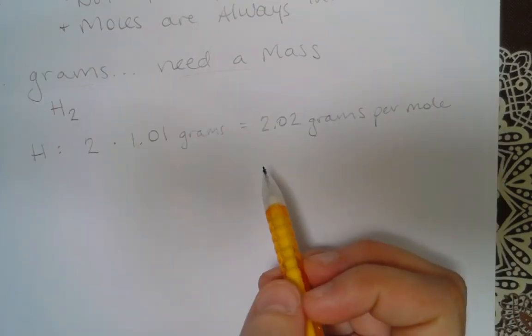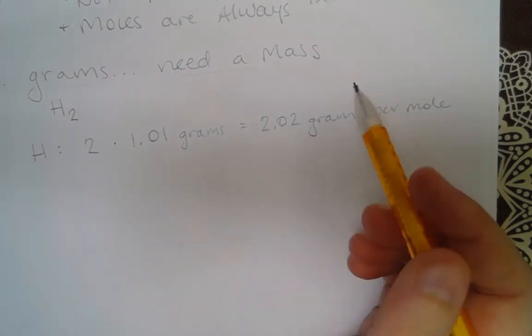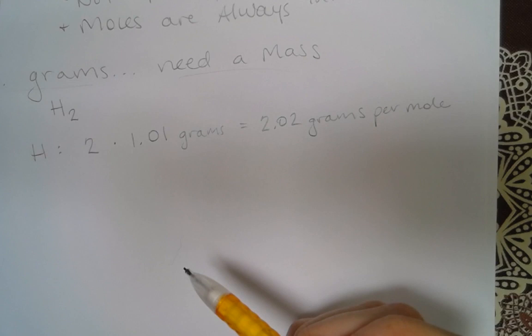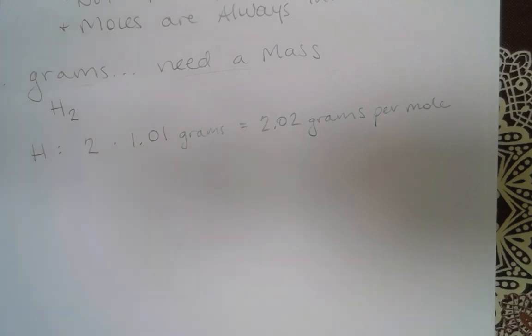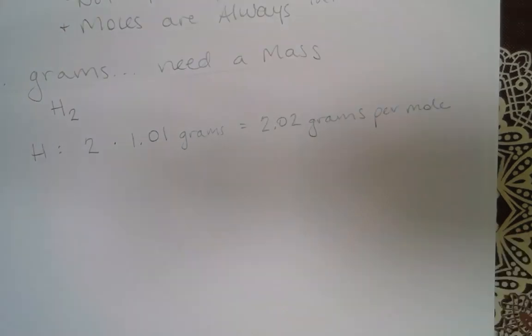Grams? And how do you know? Well, because it's saying how many grams there are per mole, not how many moles there are per gram. Yeah, I like it. It's that many grams per mole.